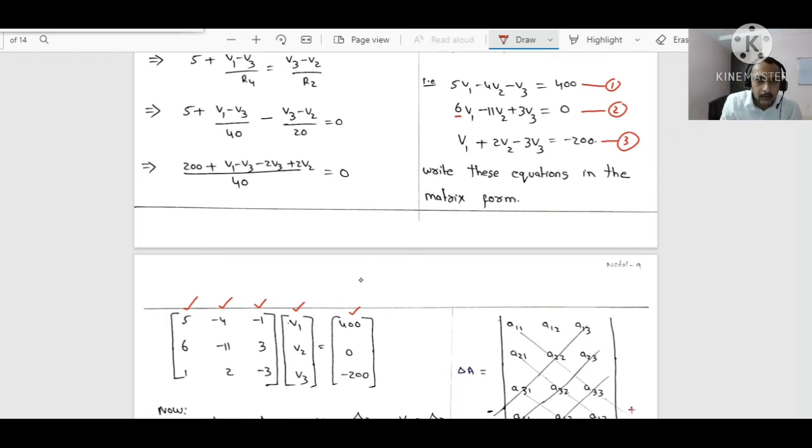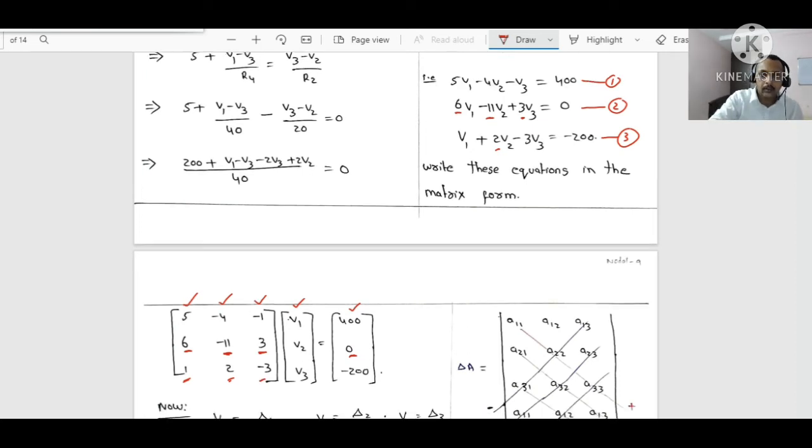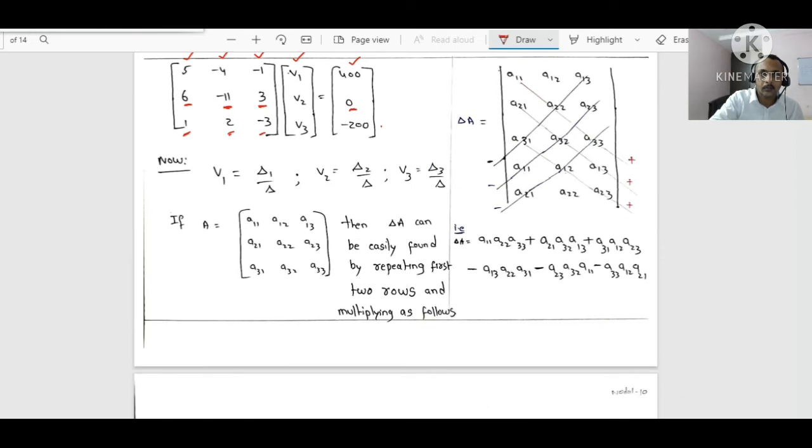Coefficients 6, 6, 6, minus 11, minus 11, and 3. Polarity is also important, the signs on minus 11 and 3. Times V2, equal to 0. What is the third equation? V1 coefficient is 1, V2 coefficient is 2, and V3 coefficient is minus 3, equal to minus 200. So it is expressed in the form of a matrix.